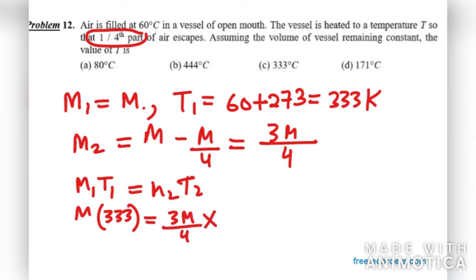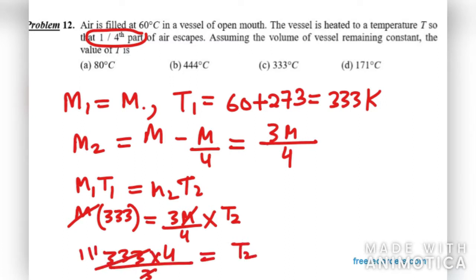T2 is unknown to us, so let's find the value. m and m get cancelled out, and using cross multiplication we will get 444 Kelvin, or you can write it as 171 degree Celsius. The right option in this case is D.